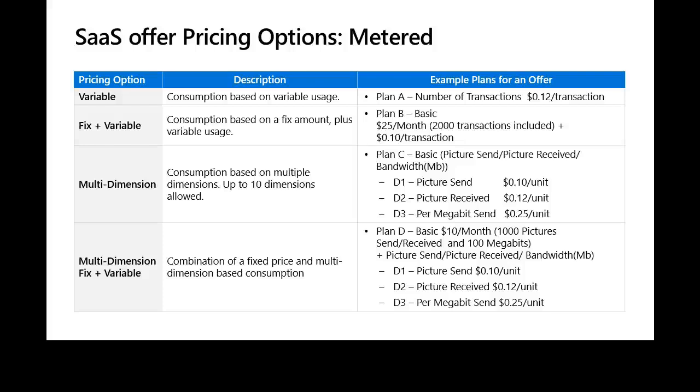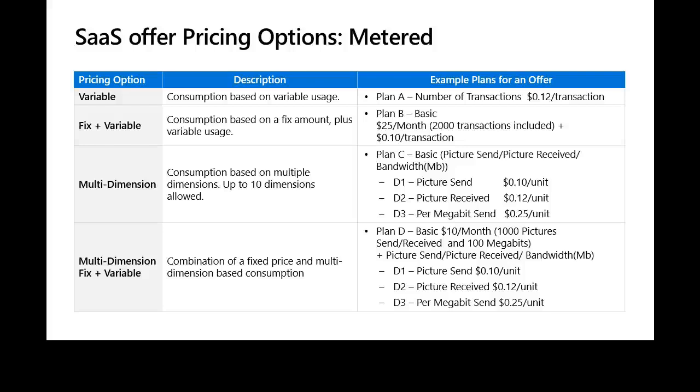Now, multi-dimension, this is when it starts getting pretty interesting. In this case, let's say that we have a service that basically allows you to enhance pictures, right? As part of that, me as a publisher, I have multiple dimensions that I want to bill by, okay? The system currently allows you 10 dimensions, and let me explain what dimensions are.